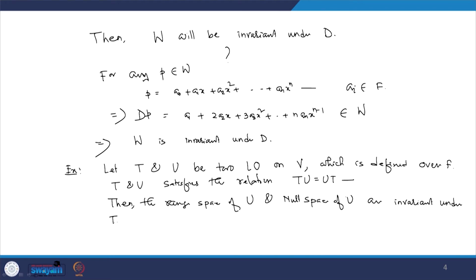Let us quickly check how the range space of U will be invariant under T. Let W equal to range of U. So, let alpha belong to W. So, this implies that there exists beta belonging to V such that U of beta will be equal to alpha.